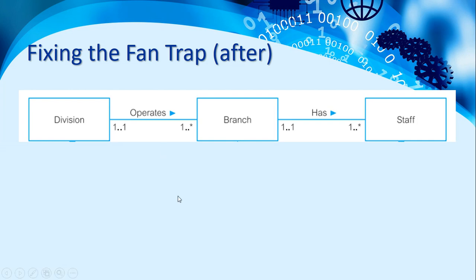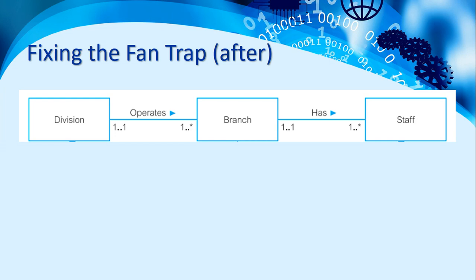So what did you notice? What were the changes that you noticed? Pause and think about where the changes are. Again, there were some changes with the relationships.